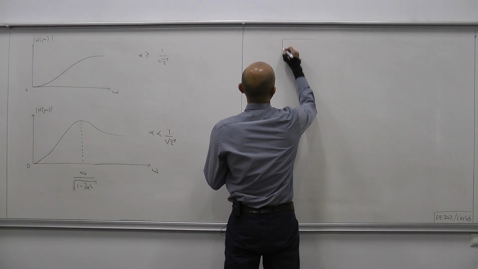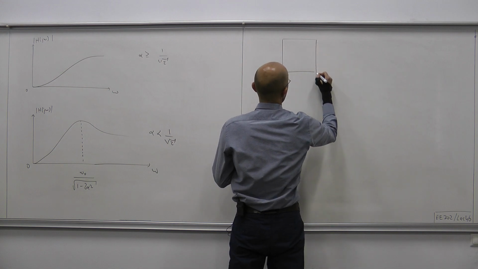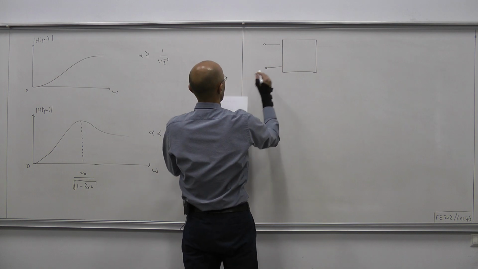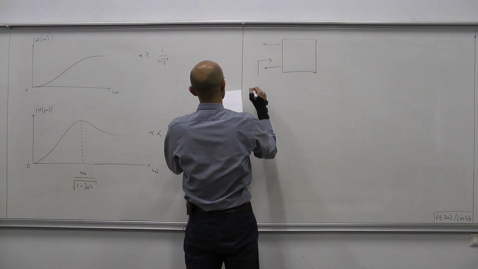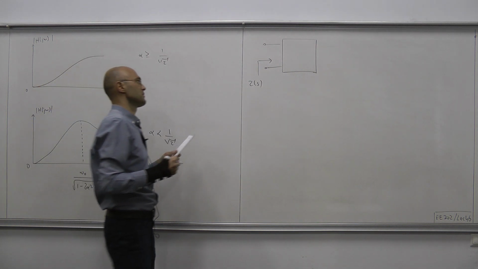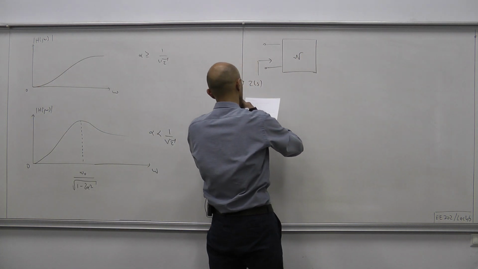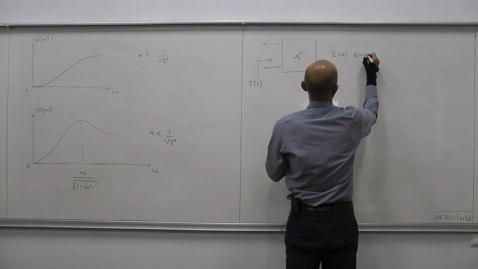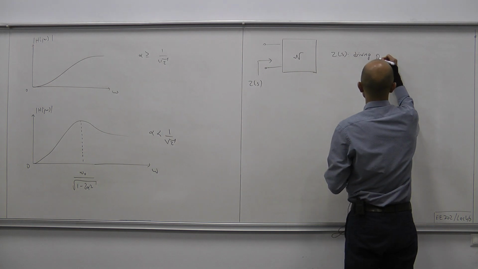Okay, now consider some one port and let Z denote its driving point impedance. So one port and Z(s) is the input impedance or driving point impedance.